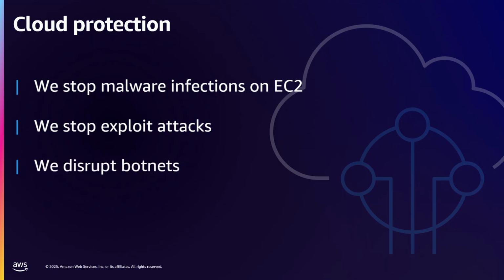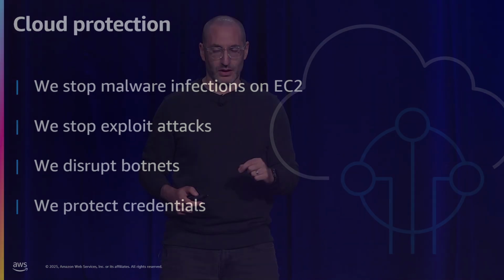We disrupt botnets, which prevents inbound and outbound DDoS attacks and propagation of malware and vulnerability scanning. And we protect credentials. We actually make it about 30 times harder for opportunistic threat actors to find accidentally exposed credentials, block over 150 million requests per day for all customers.